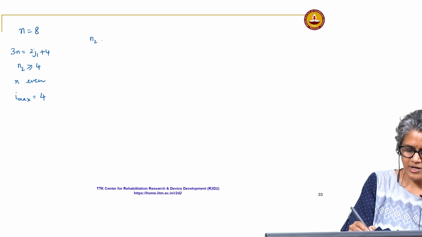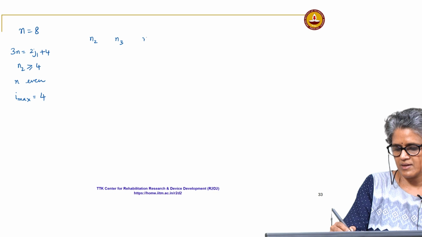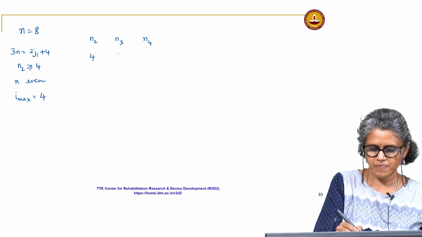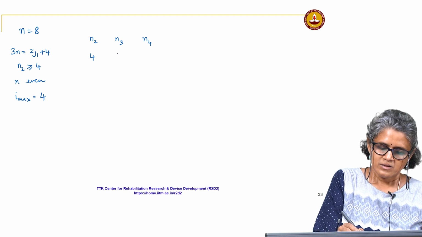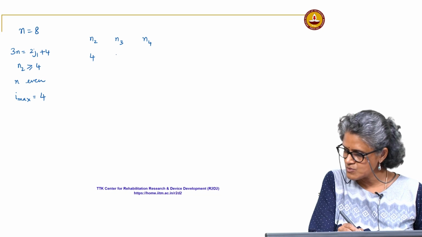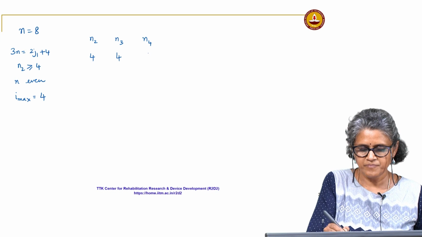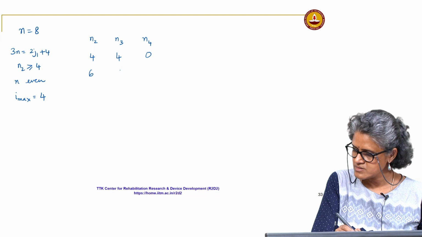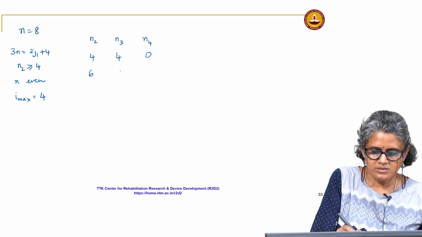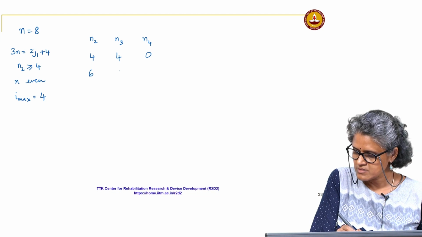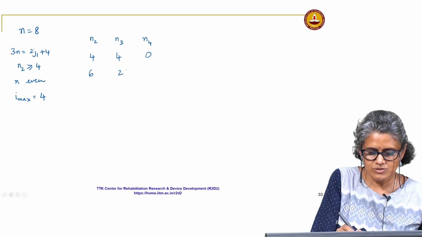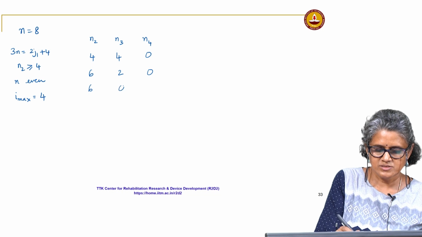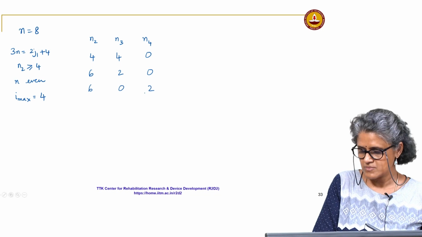So, I can have n2, n3, n4, combinations like 4, 4, 0, 6, 2, 0, 6, 0, 2.